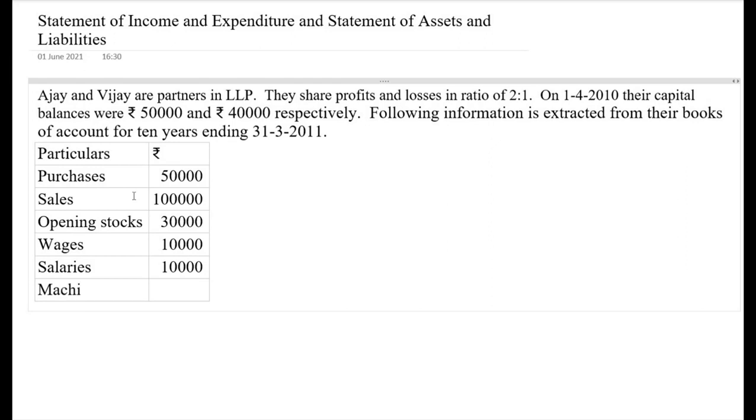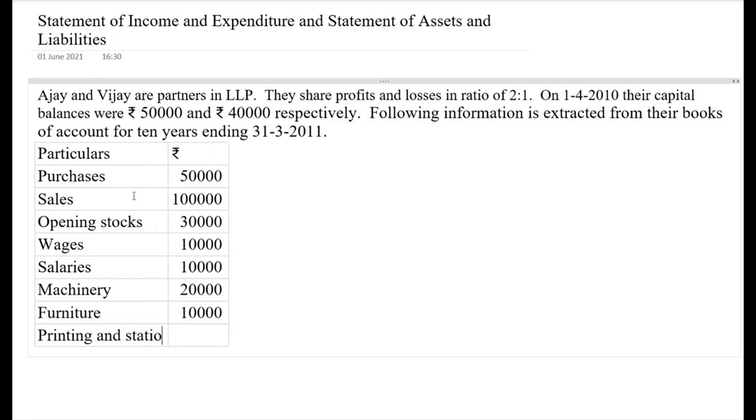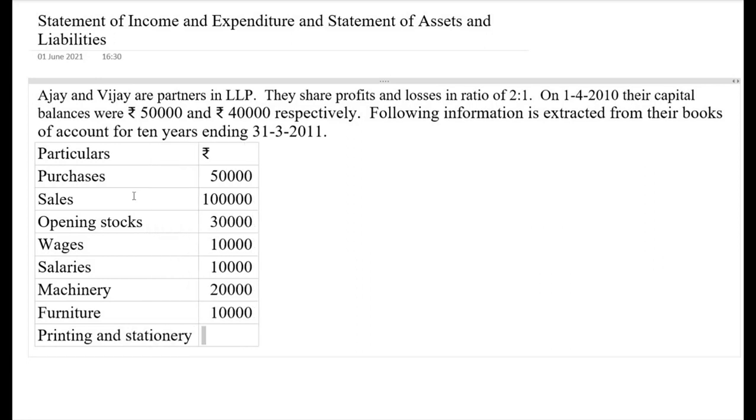Machinery rupees 20,000. Furniture rupees 10,000. Printing and stationery rupees 5,000.